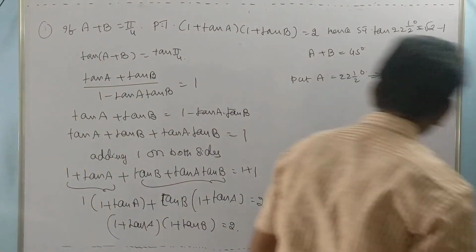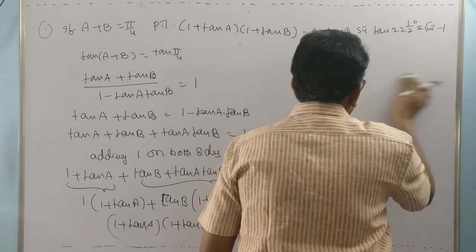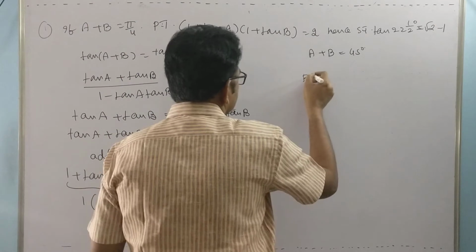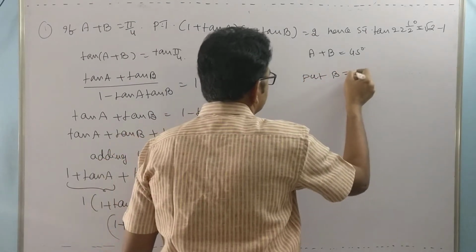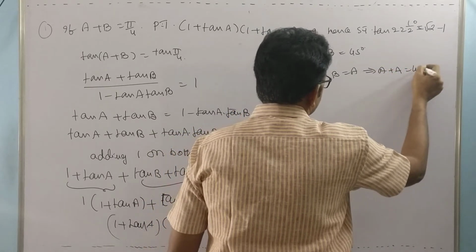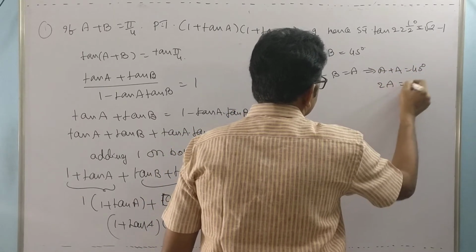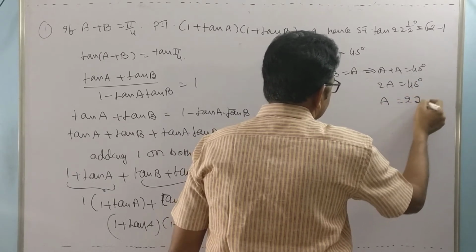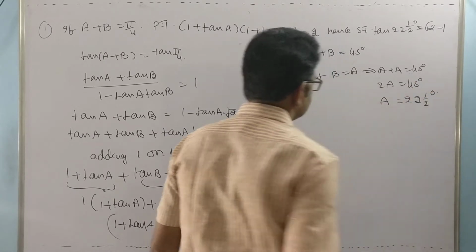Both are same. Put b is equal to a, implies a plus a is equal to 45 degrees. 2a is equal to 45 degrees. A equal to 45 by 2, that is 22.5 degrees.